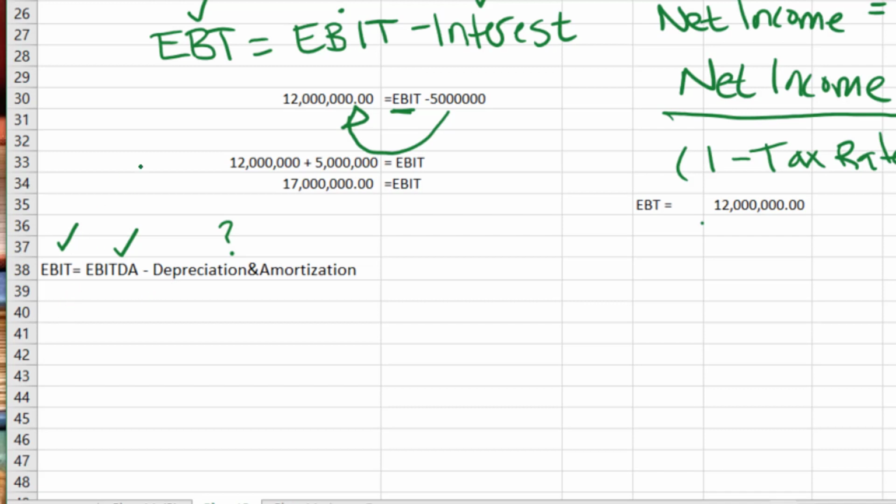So EBIT is our 17 million. Okay. It's going to be equal to this one, 35 million, EBITDA, 35 million. Minus depreciation and amortization.